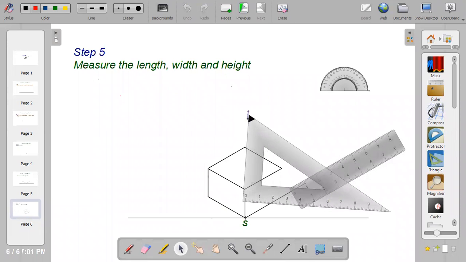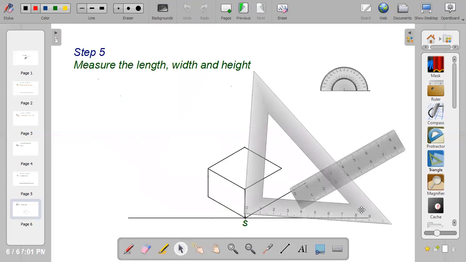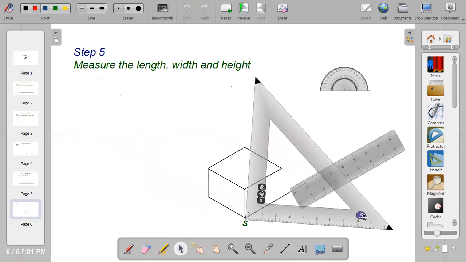I want the line to be perpendicular. So I will place it on my reference line, which is the starting line. I will set my set square to touch the tip where I need to place the line.